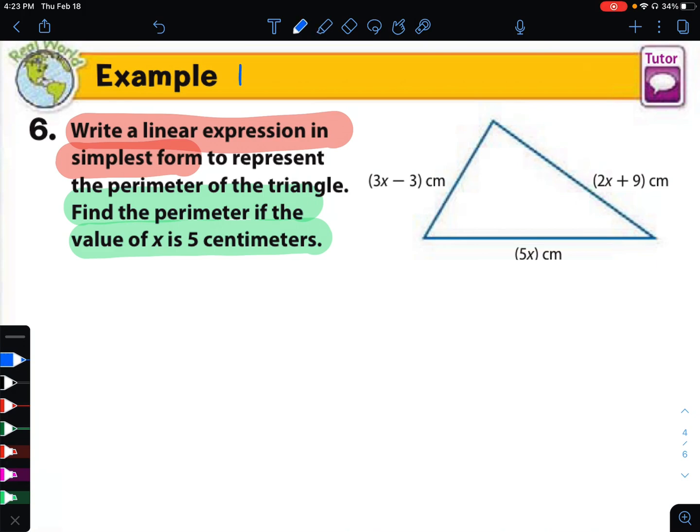So when you talk about the word perimeter, generally speaking, you find the perimeter by finding the sum of all the sides of a polygon.